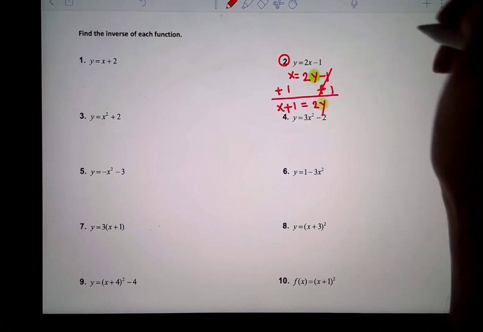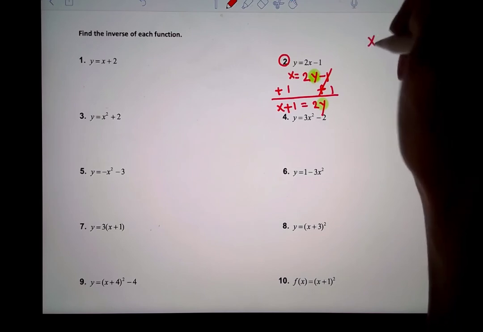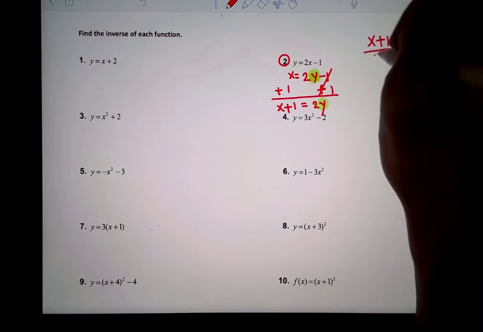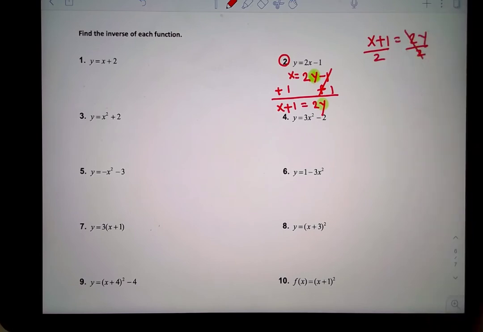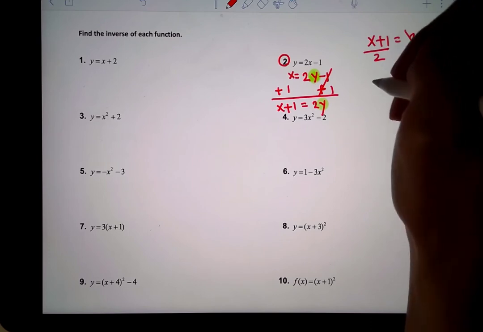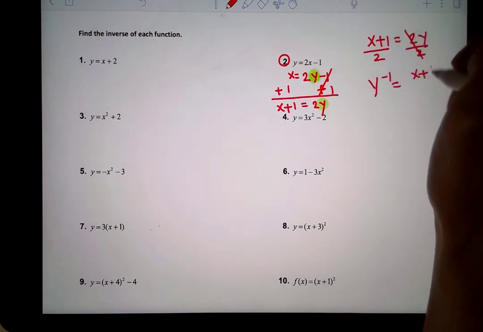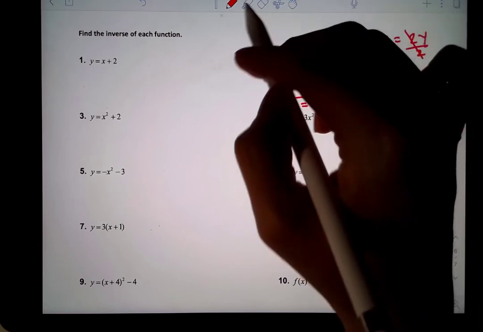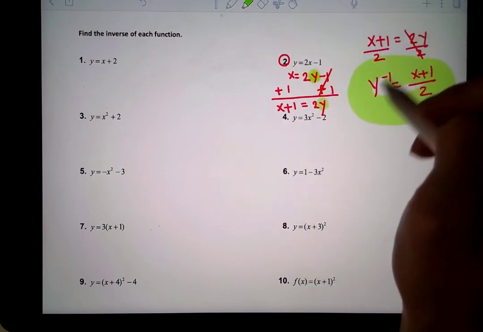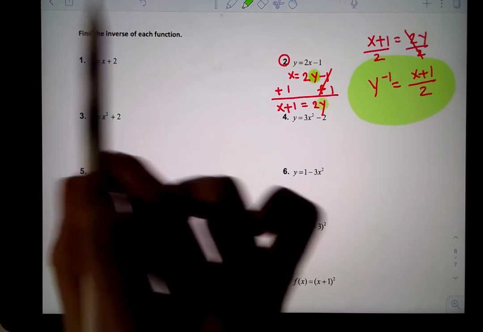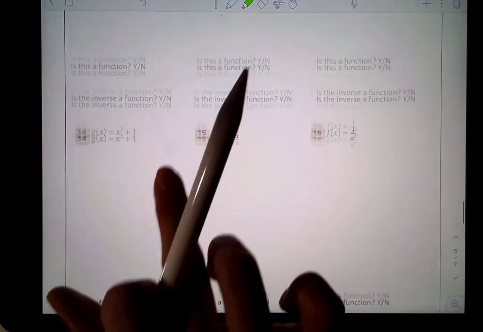So when you do that, let me copy that one more time. So divided by 2, divided by 2. Then you get y equals x plus 1 over 2. So let's write y inverse equals x plus 1 over 2, because we got the inverse value. Okay, like this.